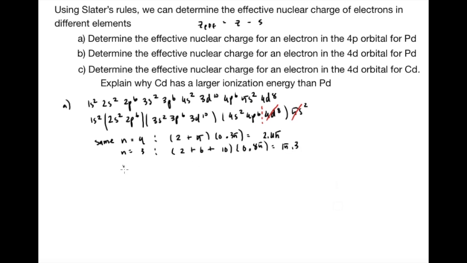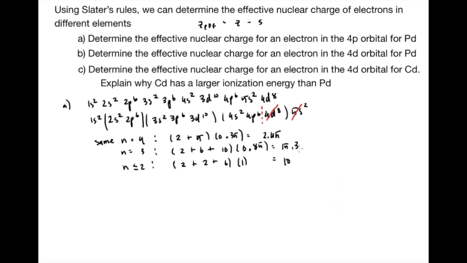And lastly, if our energy level is equal to or less than 2, that means all of the electrons contribute a shielding constant of 1. So we have 2 from 1s, as well as 2 from 2s, and 6 from 2p. We simply multiply this by 1, and so this will give us 10.